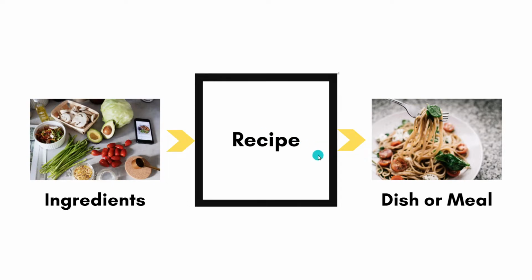So a recipe here means a set of instructions that tells you how to cook something and the ingredients you need for it. So we need to follow a specific rule to get a desired dish.